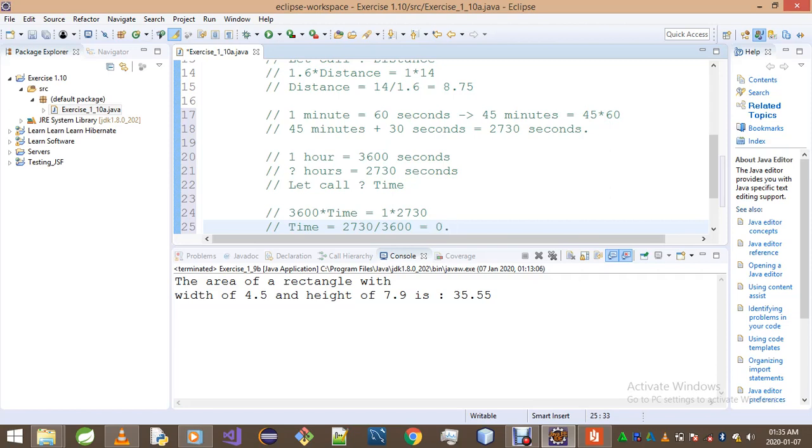I'm gonna write the whole thing. I'm not gonna round off. So it's 0.758333, and so on. How many threes?